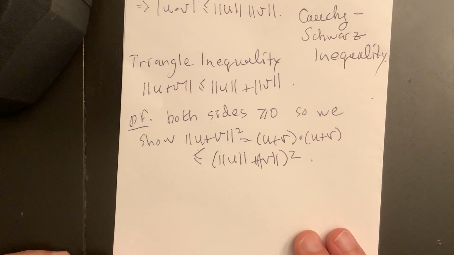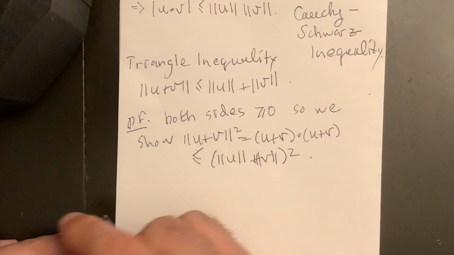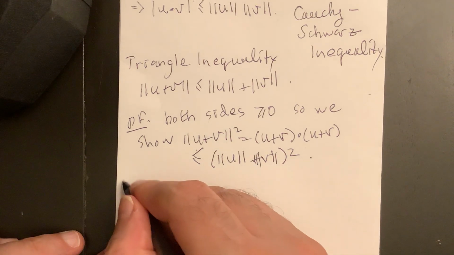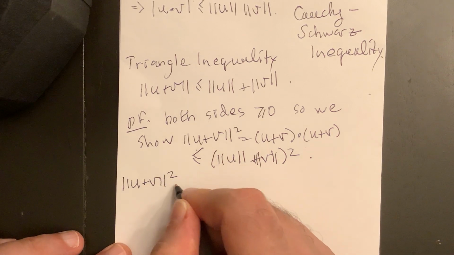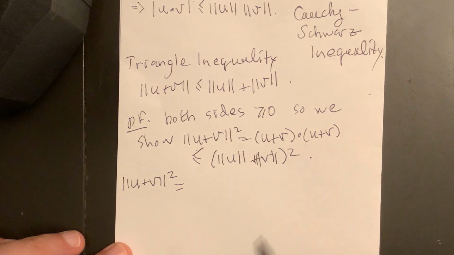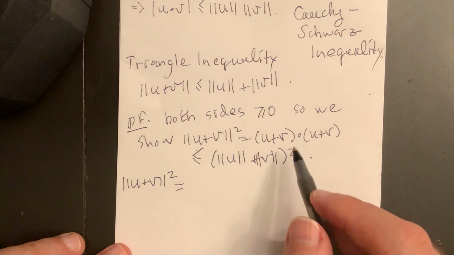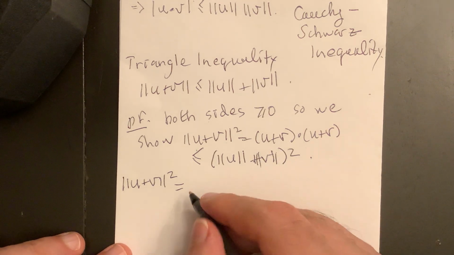Okay. So to begin, what do we have? We have the length of u plus v squared is equal to this dot product. Now, to do this, let's do it carefully.